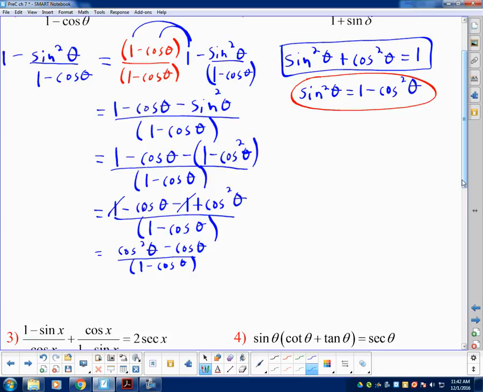And the top of this can actually be factored. There's a GCF, or greatest common factor, of cosine theta that I can pull out. And when I do that, I'm left with cosine theta. I'm missing a sign here. Let's see, minus cosine theta.